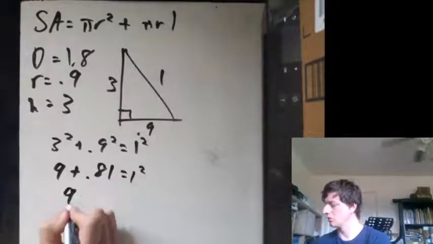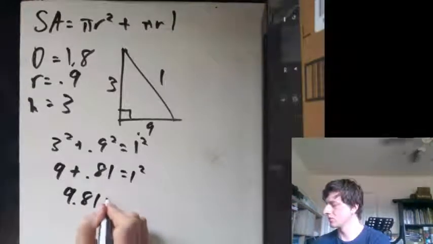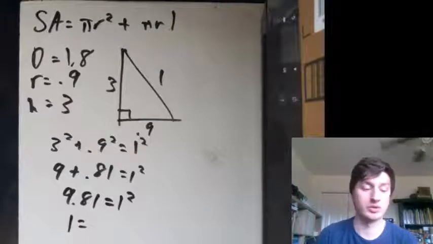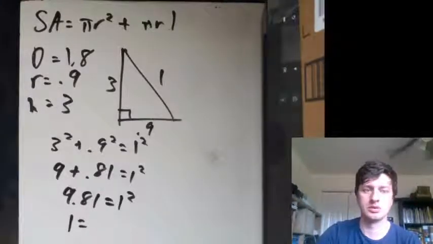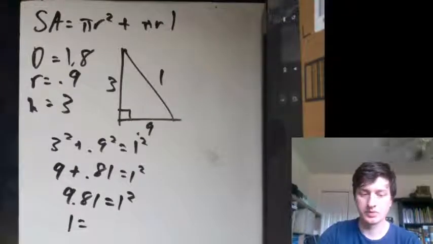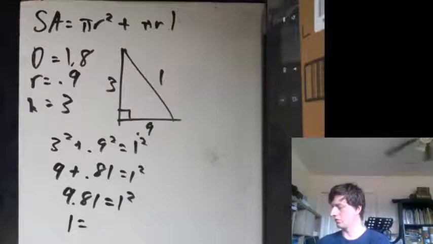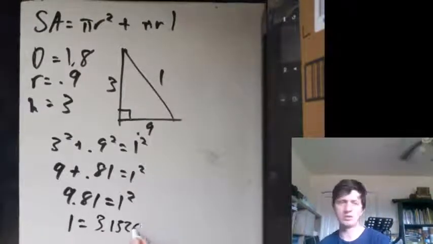So we get 9.81 for L squared, so L is some weird number. Use a calculator to do that, the square root of 9.81. This is going to be 3.1420, and it goes on.